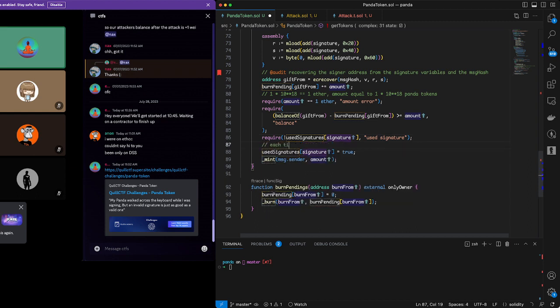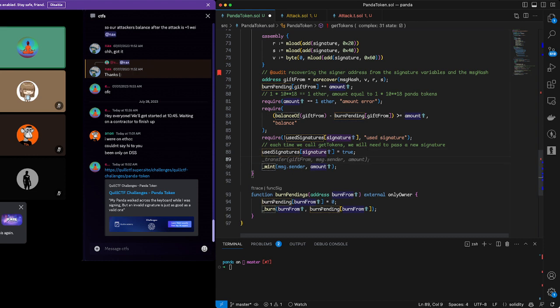So each time we call get tokens, we will need to pass a new signature. Thank you, Copilot. And then it transfers funds to the caller, the message.sender, by minting them tokens.